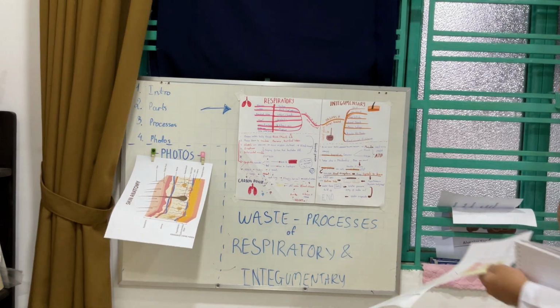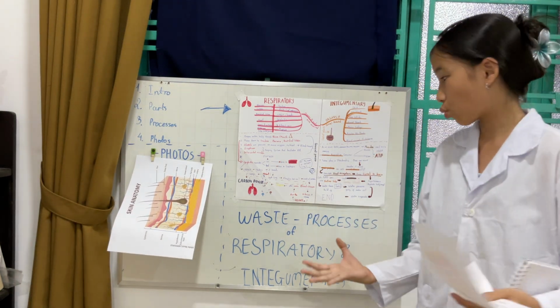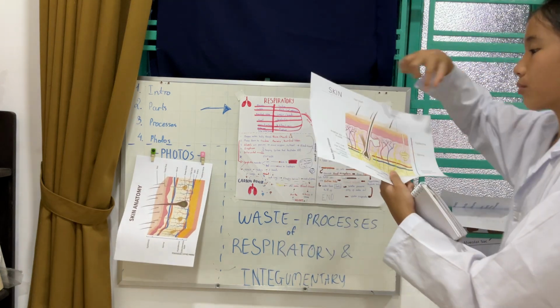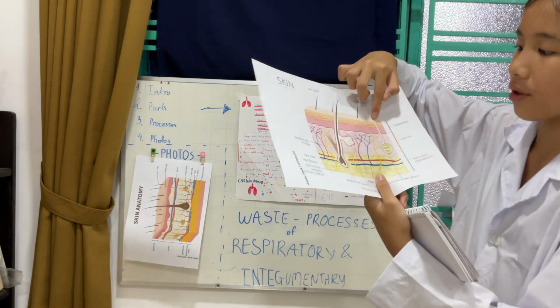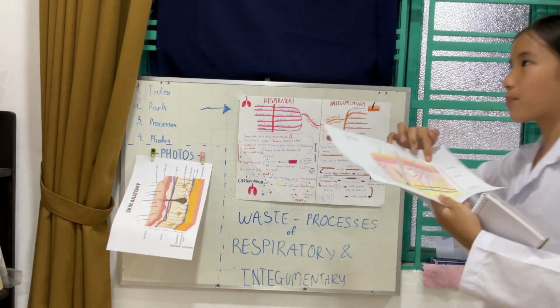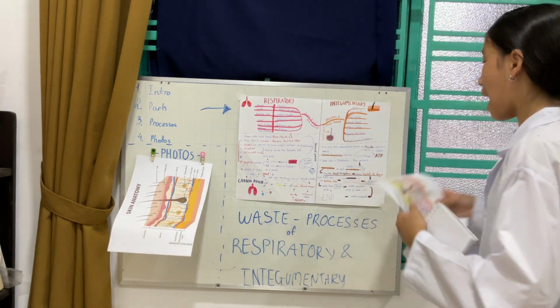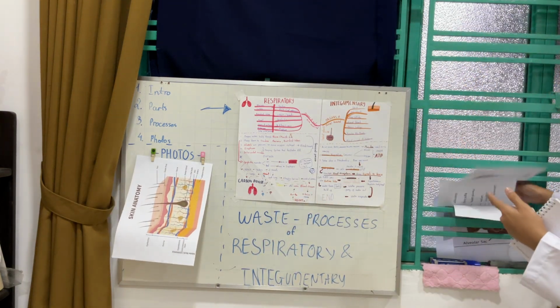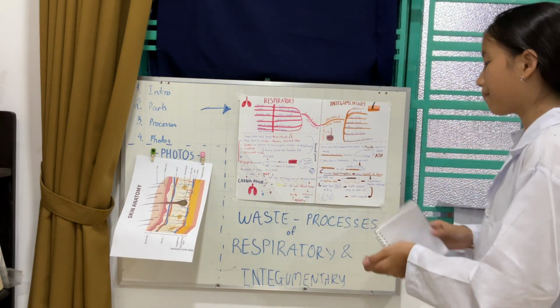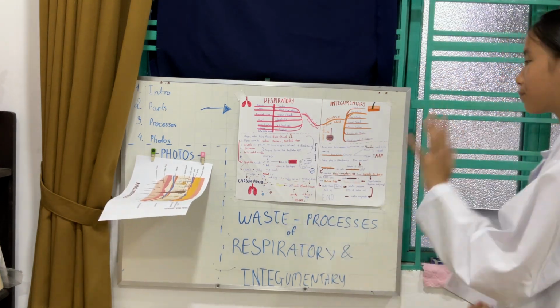The water pressure will pump the sweat out. And then when it reaches the skin, or the outer layer, also called the epidermis, it will be evaporated by the heat outside of us. And that is the end of the integumentary system process.